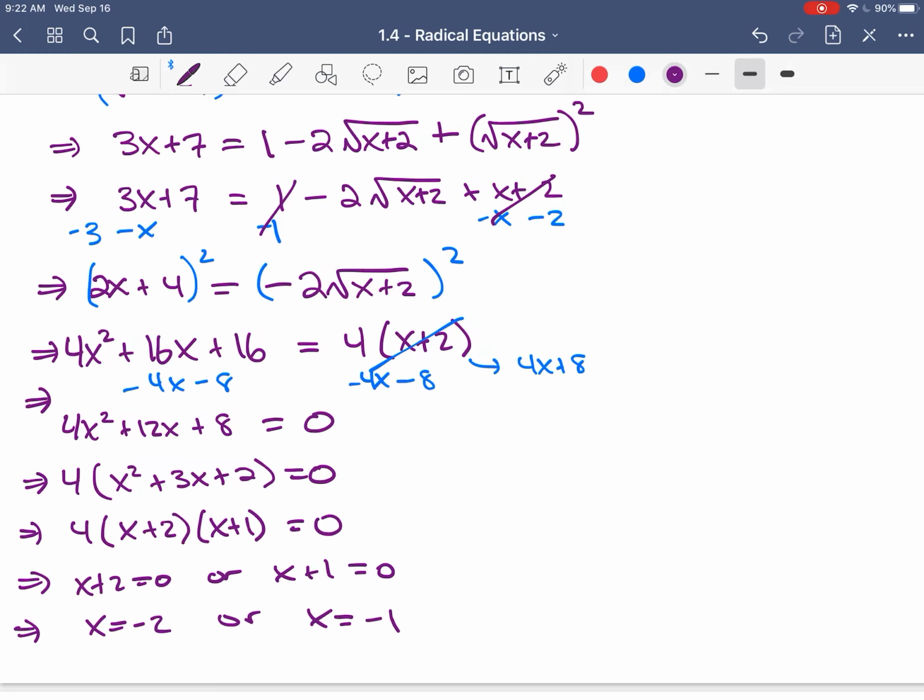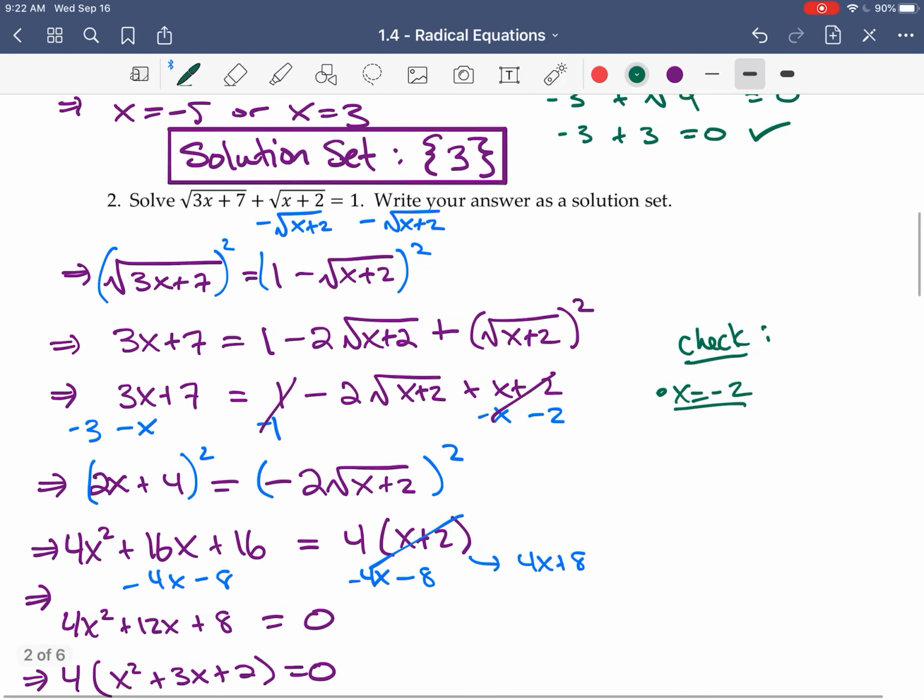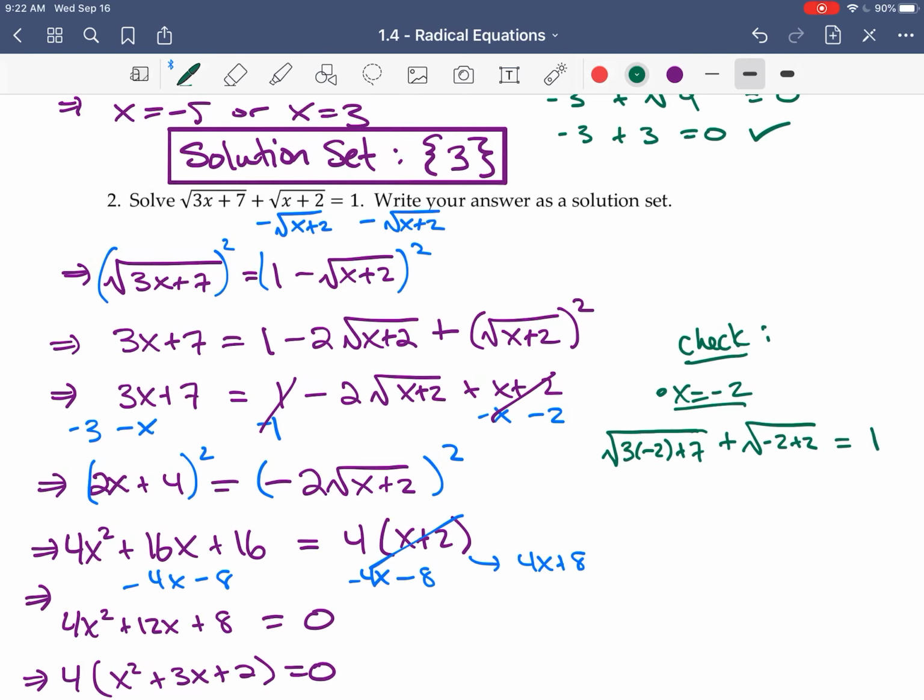Now we're going to want to check these. So I'm going to do that in a different color. So let's do the check on the side here. So let's check negative 2 first. So I want to plug that into the original equation. So that's square root 3 times negative 2 plus 7 plus square root negative 2 plus 2 equals 1.